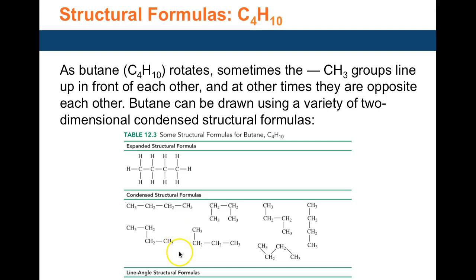The most important thing is it doesn't matter how it's written; you want to look at the continuous, unbroken chain of carbons attached to each other. That tells you the number of carbons in the compound, the parent compound, so to speak.